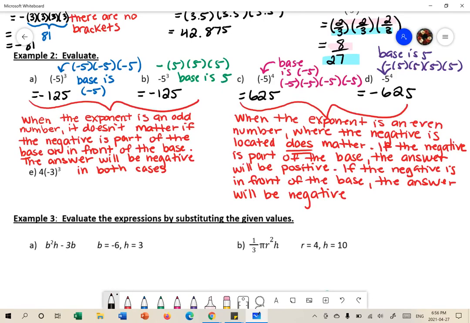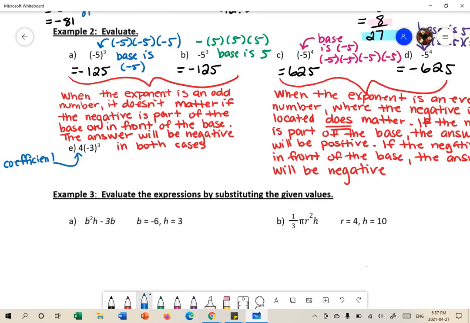For the last question, E, we have a value in front of the base. We call this a coefficient. So this coefficient is going to be multiplied by the base. It is not part of the base.